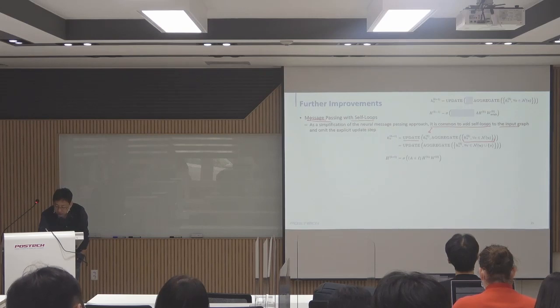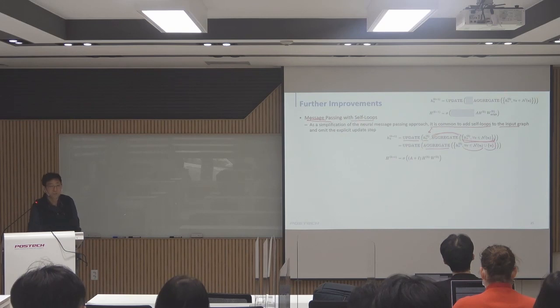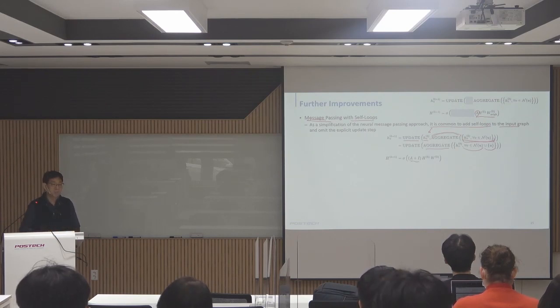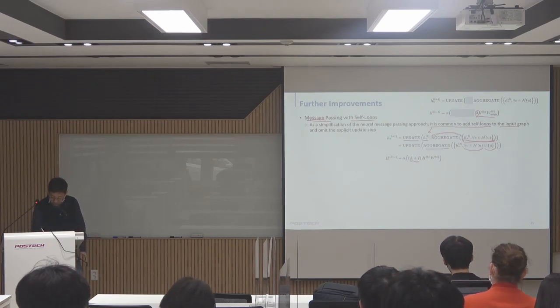Here, with aggregate, I aggregate based on my neighborhood first and include myself. In matrix representation, I want to use A plus the identity matrix instead of A. You see what I'm doing?